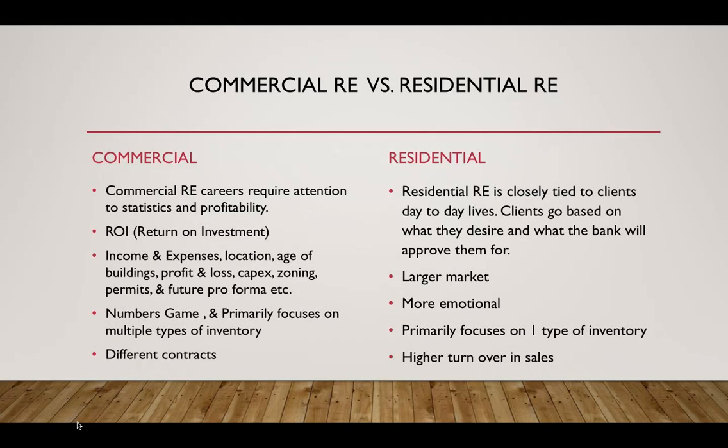You're looking at income, expenses, location, age of buildings, ROI, permits, what it can be making. So the pro forma is what it can make in the future. Have the commercial agents, or anybody here that has done commercial, done a pro forma before in your sale? When you did the commercial sale, it was a warehouse, or you didn't have to do a pro forma?